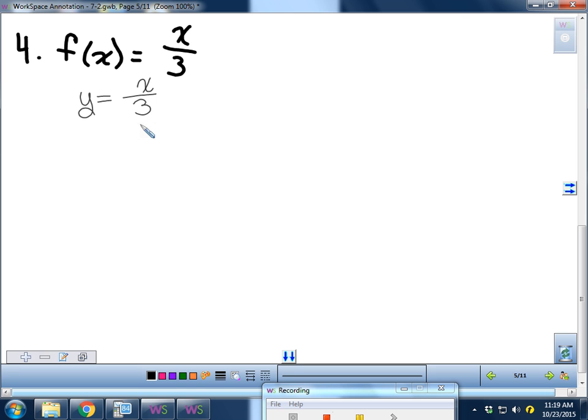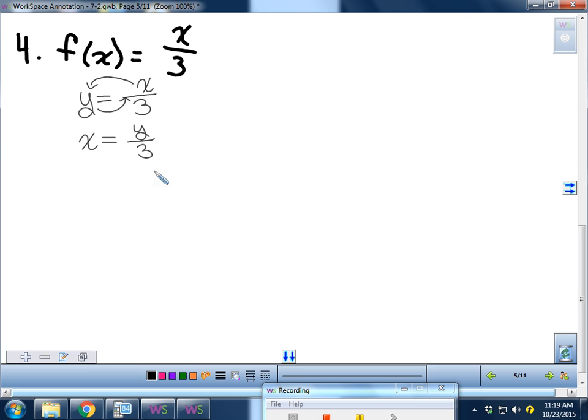Always got to have an x and a y. Always, always, always. Then I am going to switch x and y. So this x is going to go in for the y, and the y is going to move to the x. So this will be x equals y divided by 3.